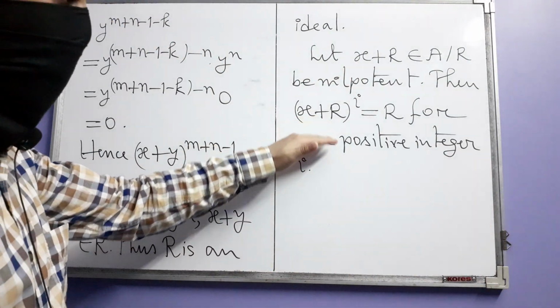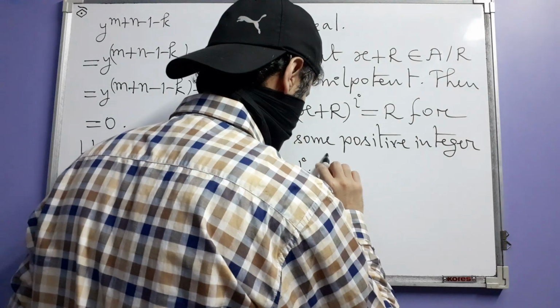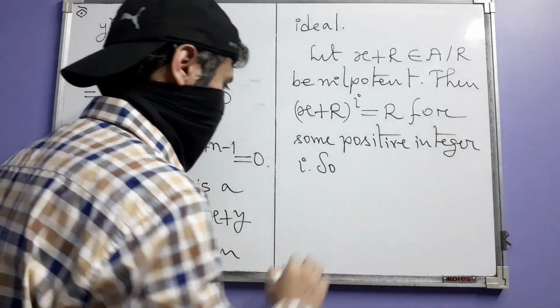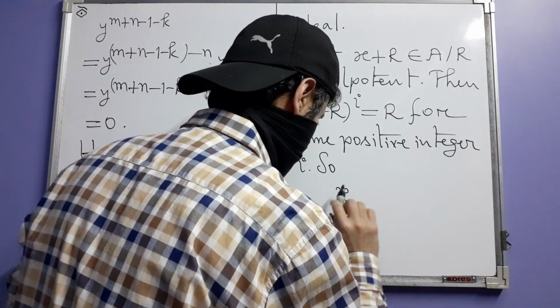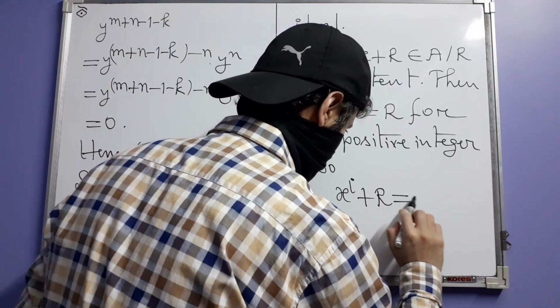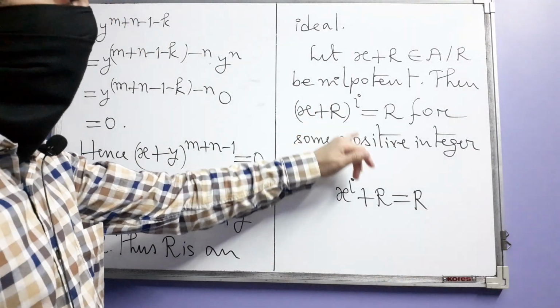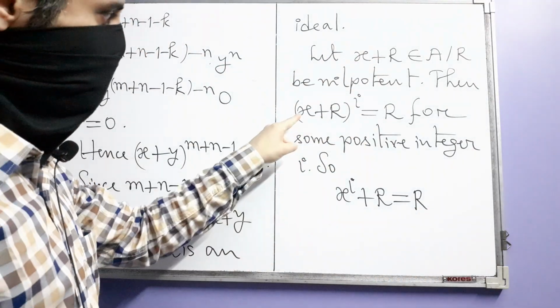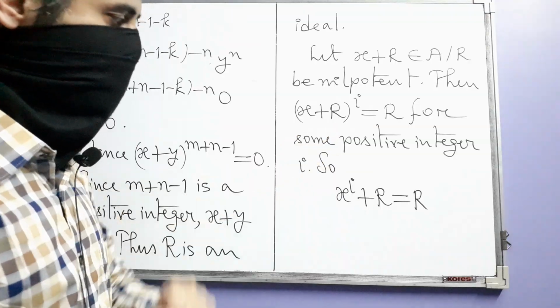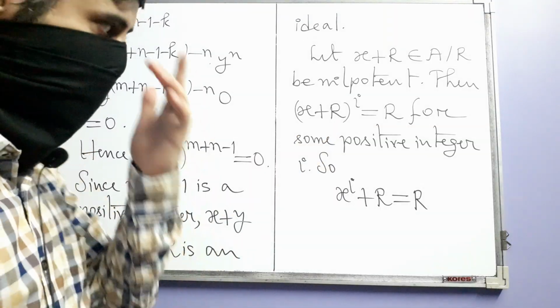Now you can work on this equation and get something. First of all, you get this, because if you apply the definition of multiplication in this ring, this ith power will be equal to this coset. Keep in mind, i is a positive integer. Okay.